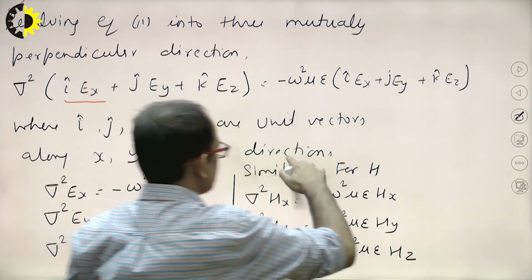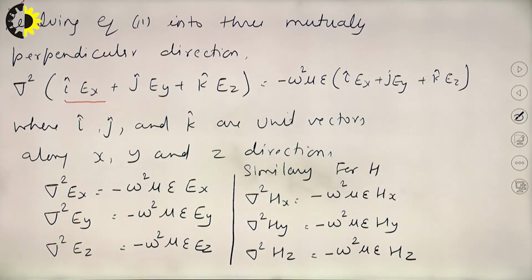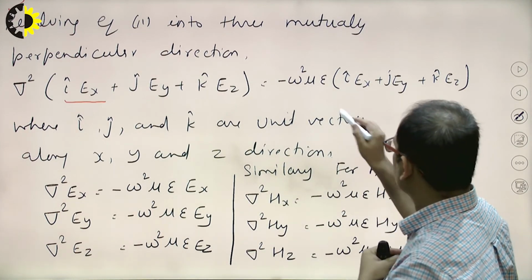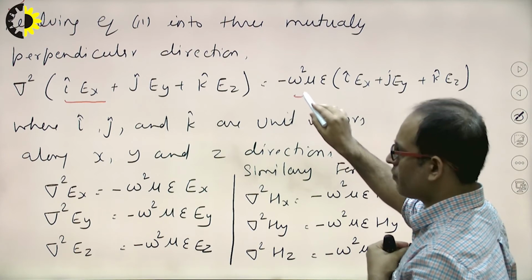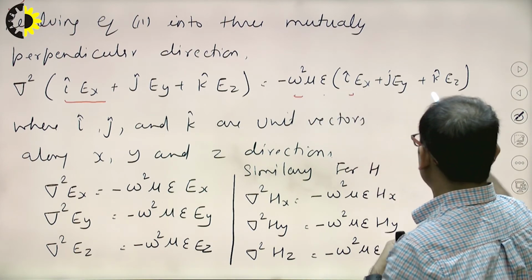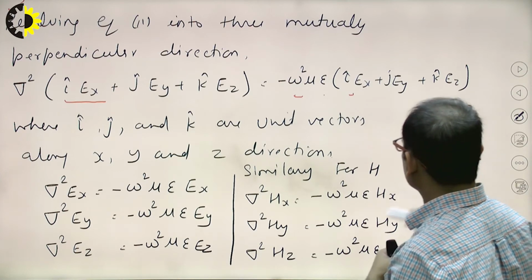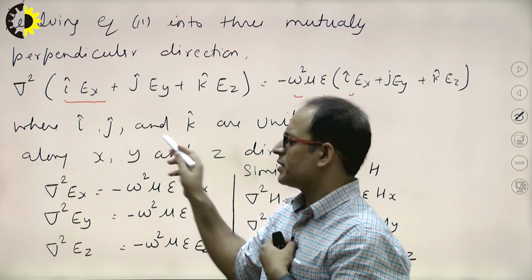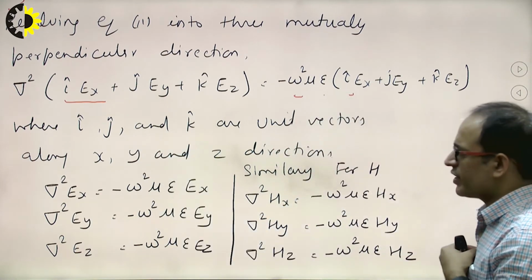Here the electric field will also be equal to minus omega square mu epsilon times (i cap Ex plus j cap Ey plus k cap Ez). i cap, j cap and k cap are the unit vectors.